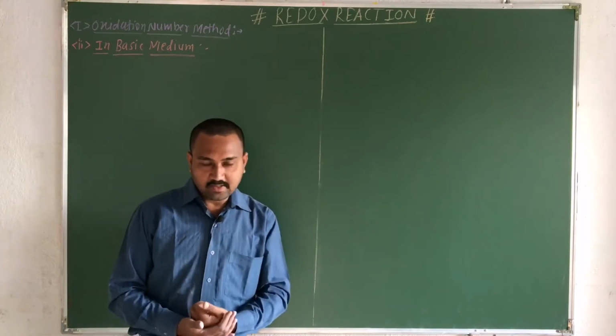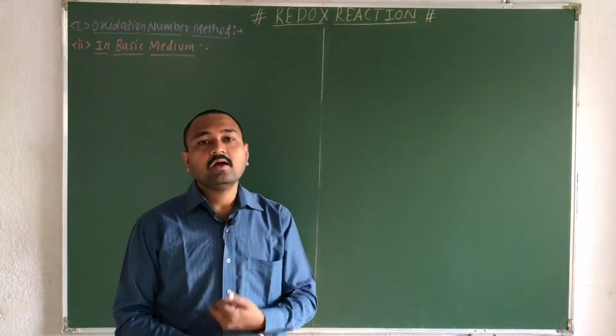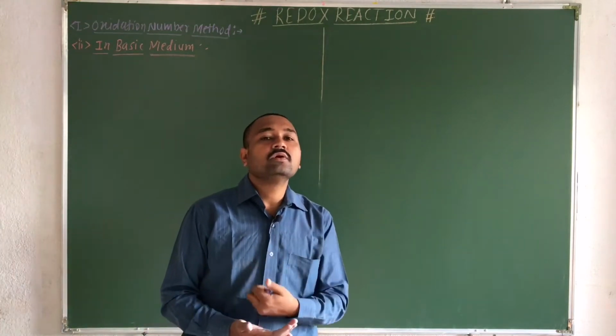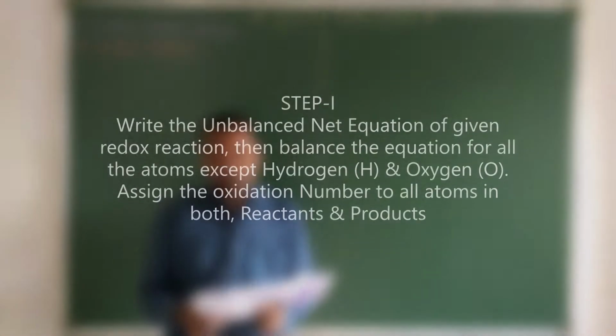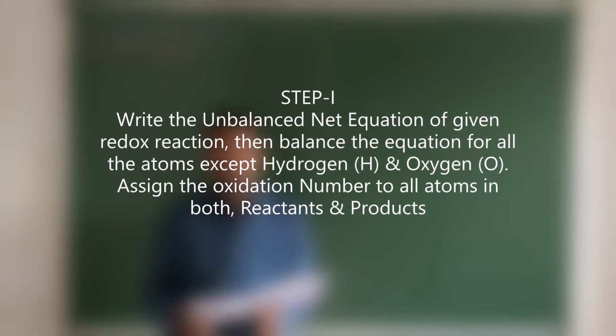Again in a similar manner I am going to take one example, and simultaneously you will learn about each step. Step number one: write the unbalanced net equation of a redox reaction. Balance the equation for all atoms except hydrogen and oxygen. Assign the oxidation number to all atoms in both reactant and product.